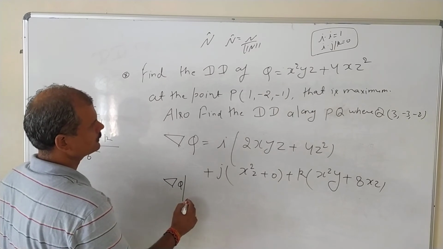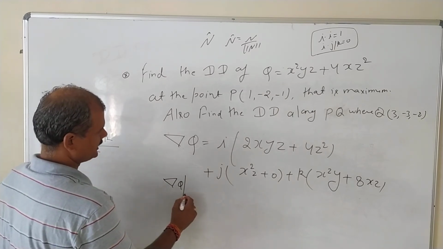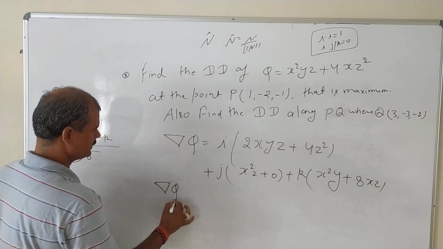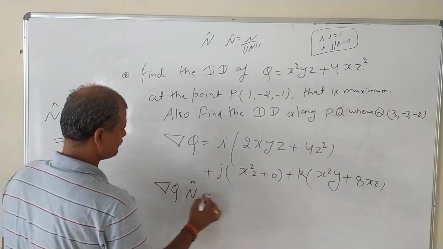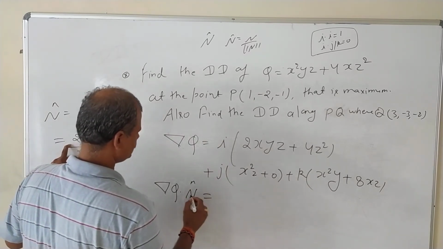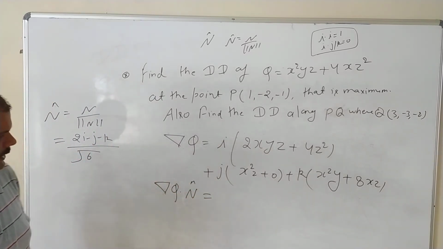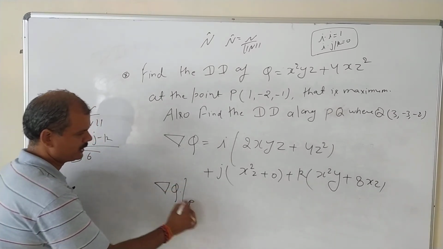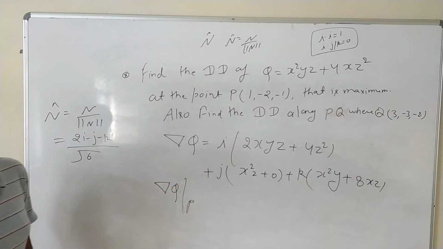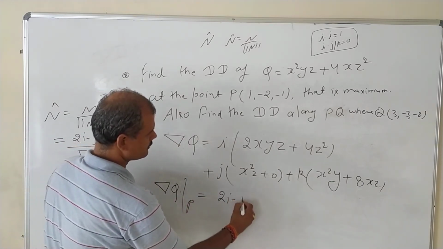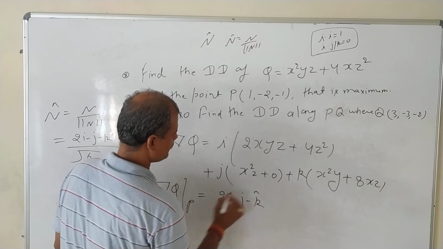Now first find the gradient of phi at the particular point P. So the gradient of phi at the point P will be 8i minus j minus 10k. This we have already found.